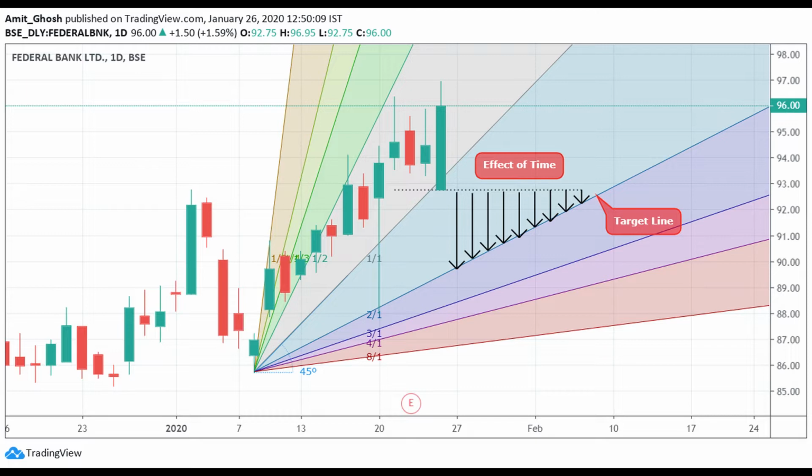So it confirms our theory of psychology that the momentum is gone because the stock is not moving. So there is no point in holding the buy position in this case. And this is why this indicator is very good for trailing a stop loss or trailing a buy position. And this is why it is said that the Gann angles in charts represent both time and price.